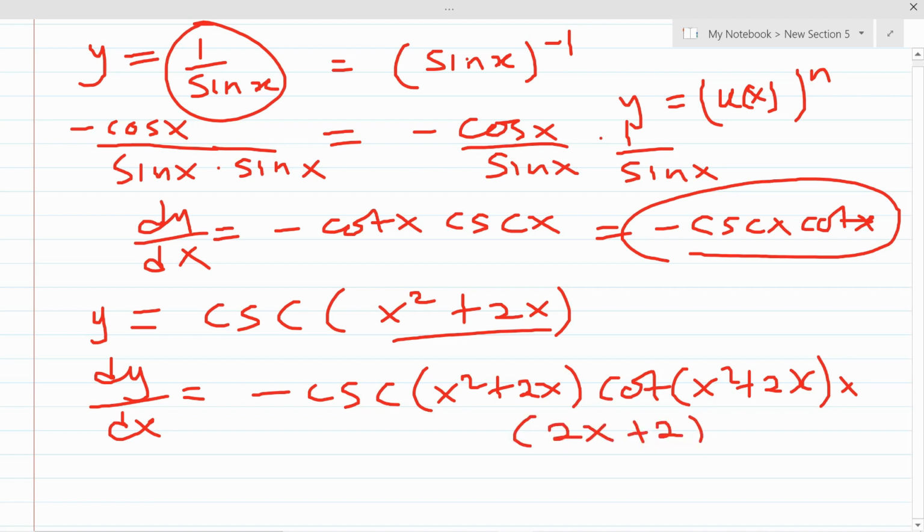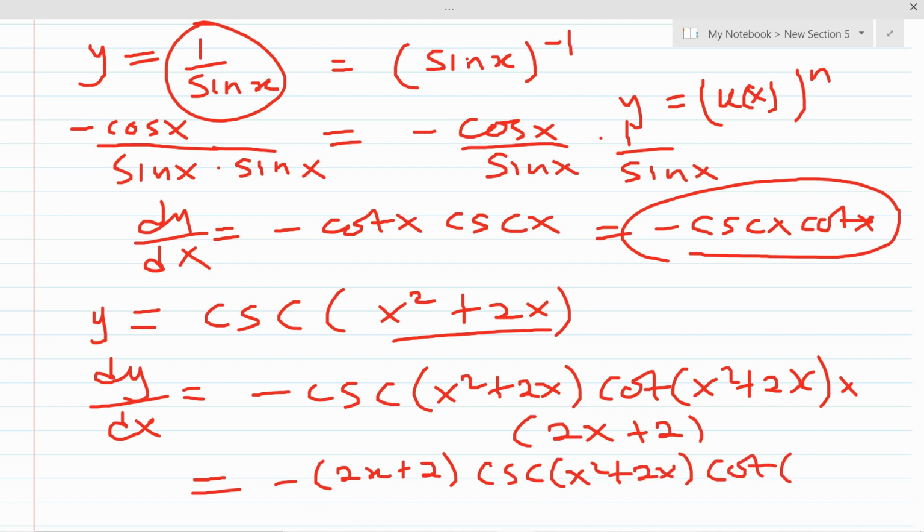In other words, this whole differential is equal to negative, bringing the 2x plus 2 in front, (2x plus 2) times cosec of (x squared plus 2x) times cotangent of (x squared plus 2x). Okay, so that will be your differential.